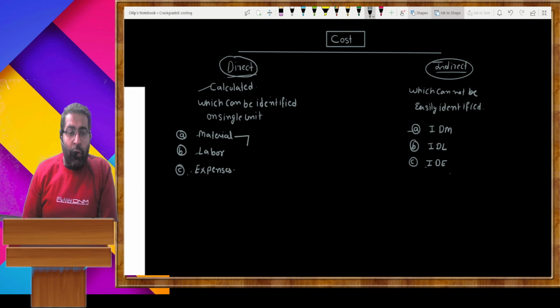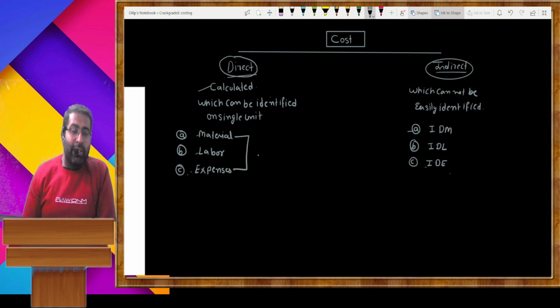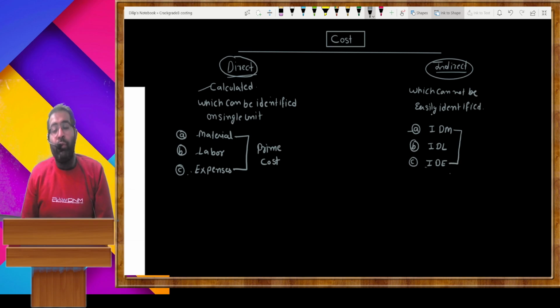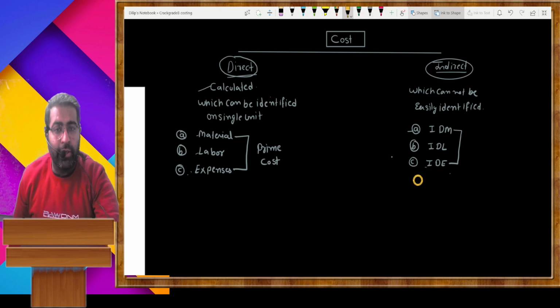The total of all direct expenses is regarded as prime cost, and the total of all indirect expenses is regarded as overheads.